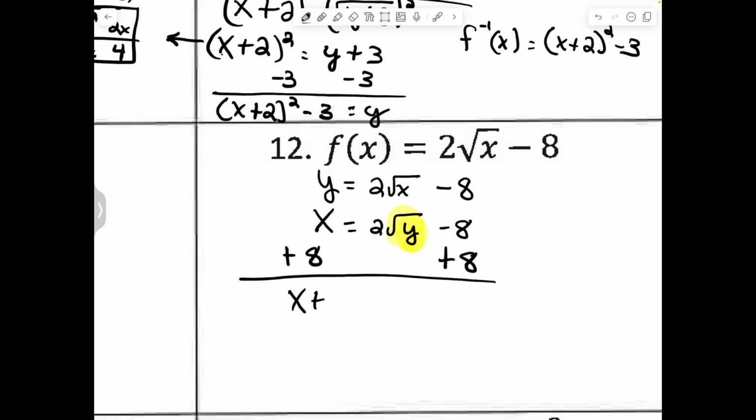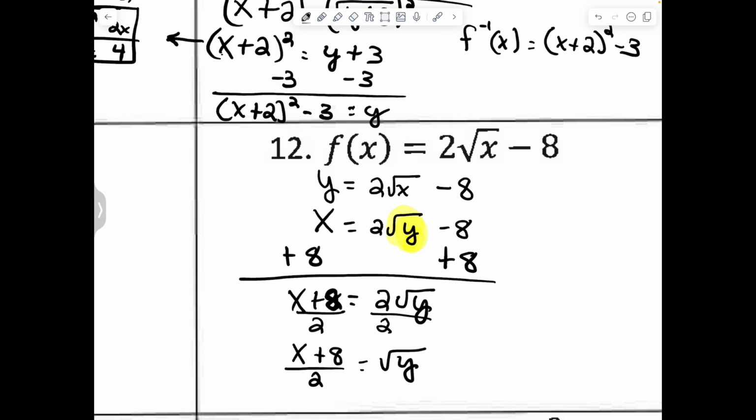So we get x plus 8 is equal to 2 square root of y. I'm trying to get y by itself, so before I can square it, I'm going to divide by 2. Now, to get y by itself, I'm going to square this.